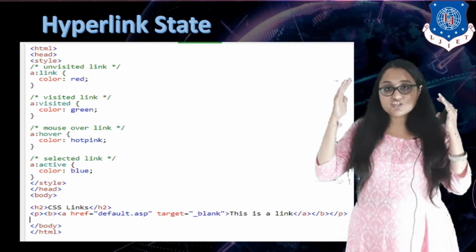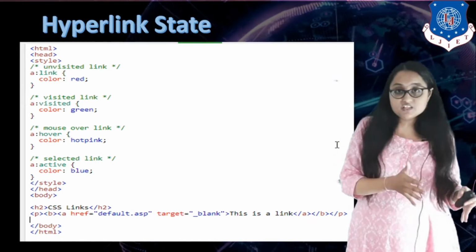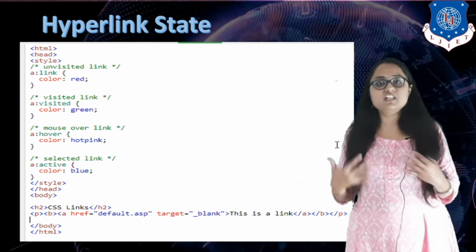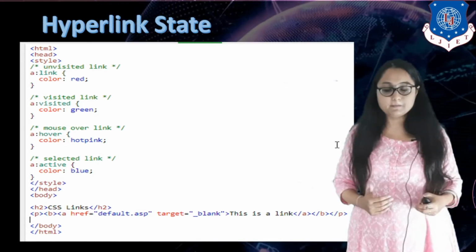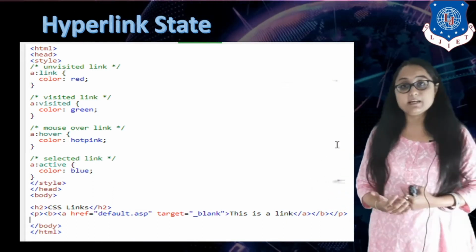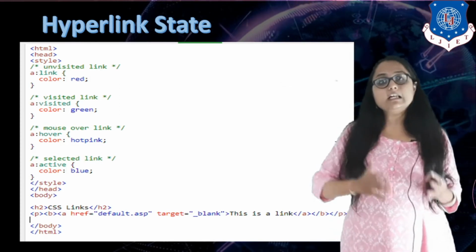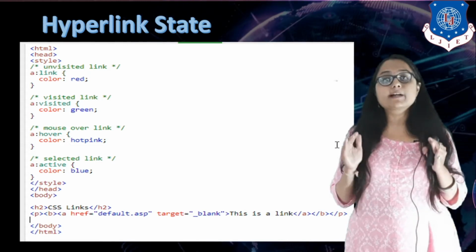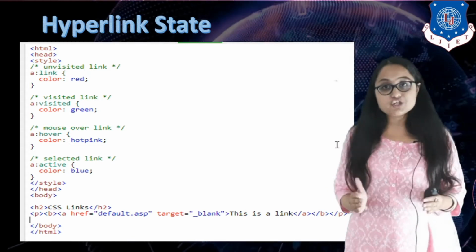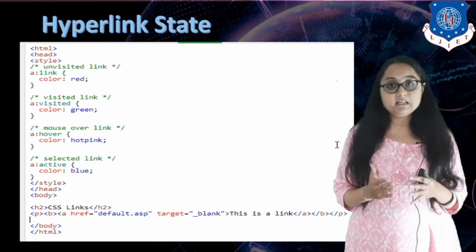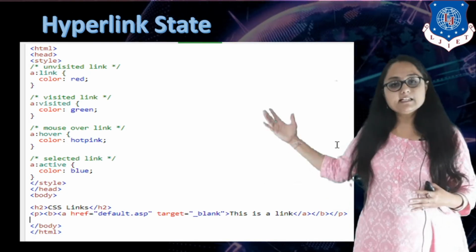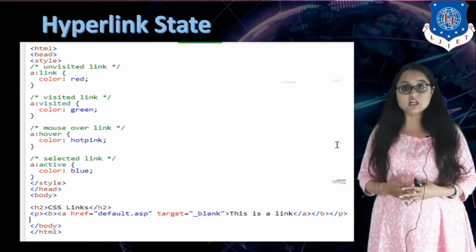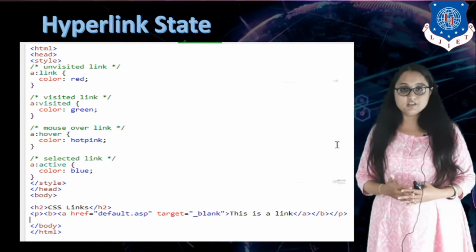So your state changes from unvisited to visited. So these all are the states of a hyperlink. Now if you want to style your hyperlink differently in different states, what can you do? You can use pseudo classes which are attached to your hyperlink tag. Let us see what is this pseudo class and how can we use this pseudo class with our anchor tag.